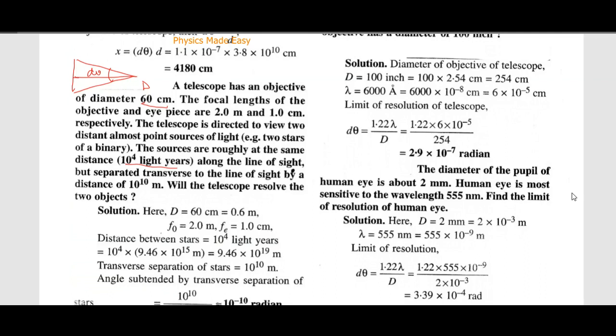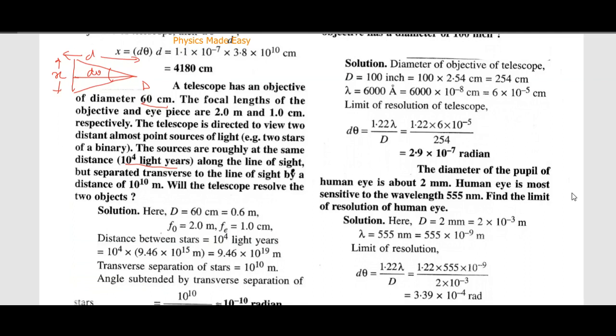This distance is given, this distance is given. If we divide this by this, we will get this angle d theta. So let me call this capital X, and this distance, d.